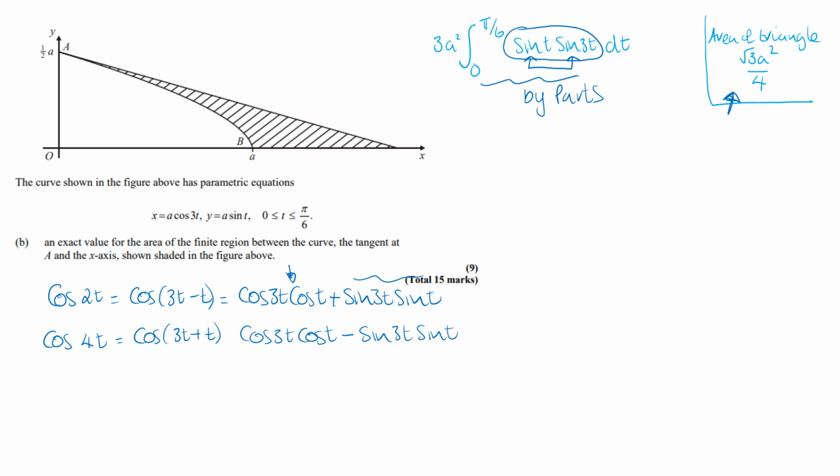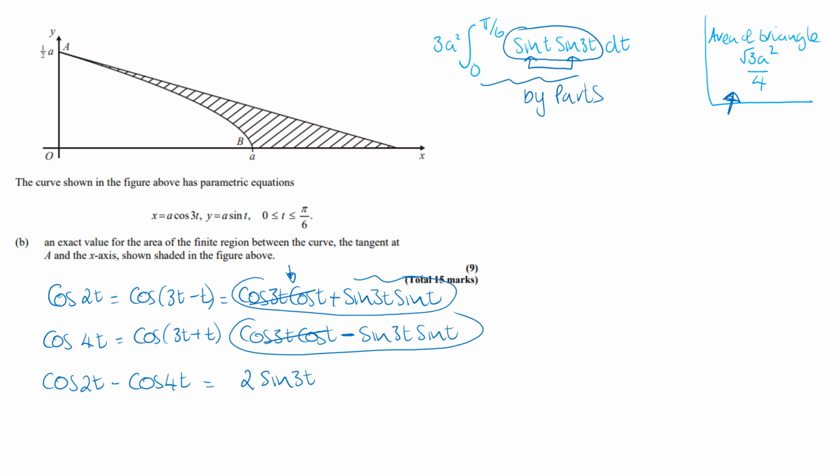So can you see if I did cos 2t minus cos 4t, then it will be all of this minus all of this, and these terms of the cos will cancel. We'll be having minus minus, so we'll actually have 2 sine 3t sine t.